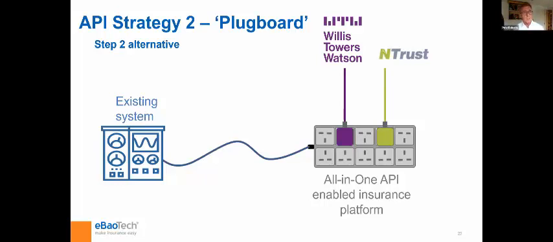Now compare and contrast this with the previous strategy. But that's not all. This is sitting in the cloud, which means it's at a safe distance from your existing system, from your legacy system. That keeps IT happy. That means it's easy for you to implement new ideas. And of course, once you've implemented once, you've got spare slots.